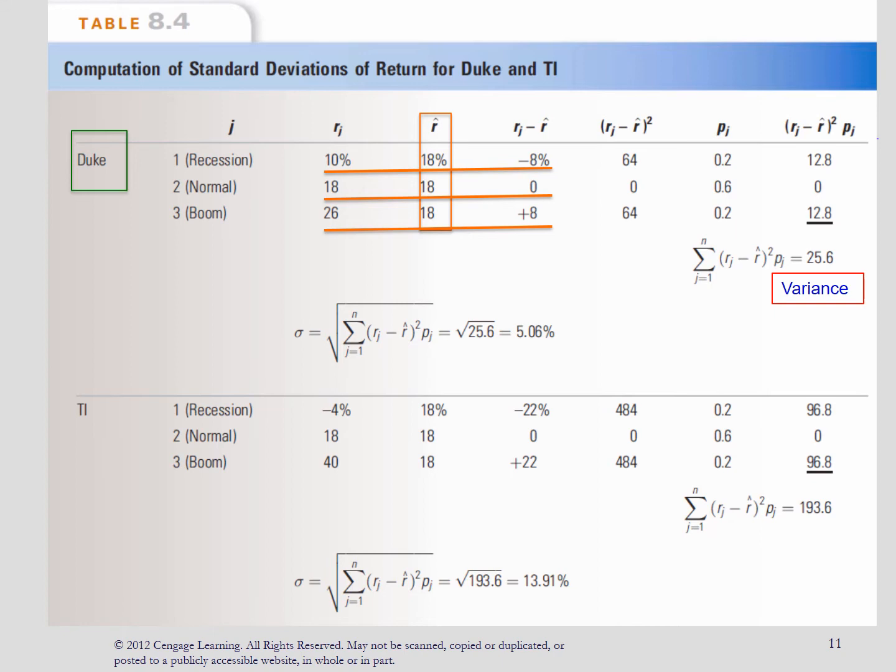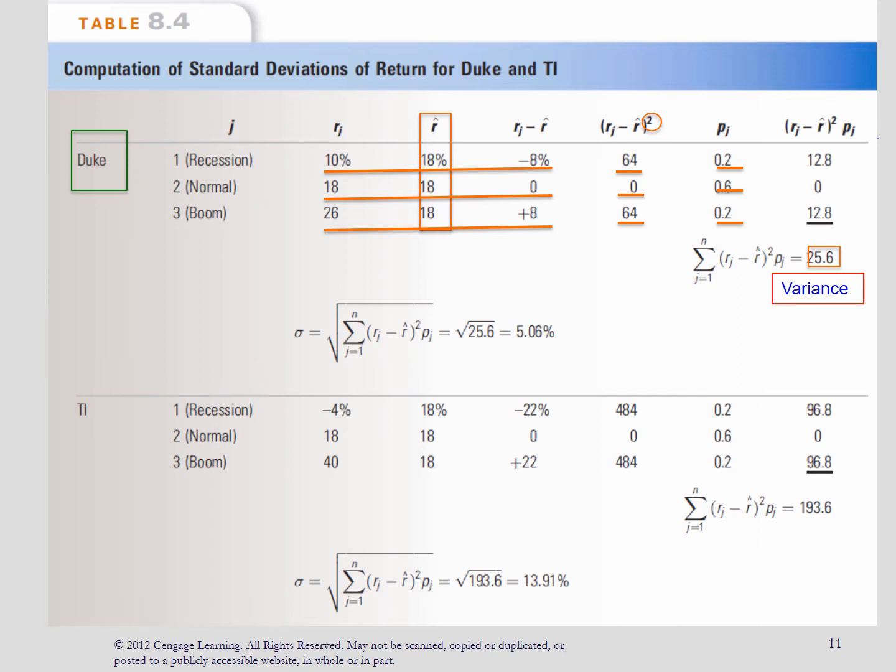We next square the deviations. We then calculate the weighted average of the 3 squared deviations, that is, the first squared deviation times 20% probability of occurrence, plus the second squared deviation times 60% probability of occurrence, plus the third squared deviation times 20% probability of occurrence, equal to 25.6%.